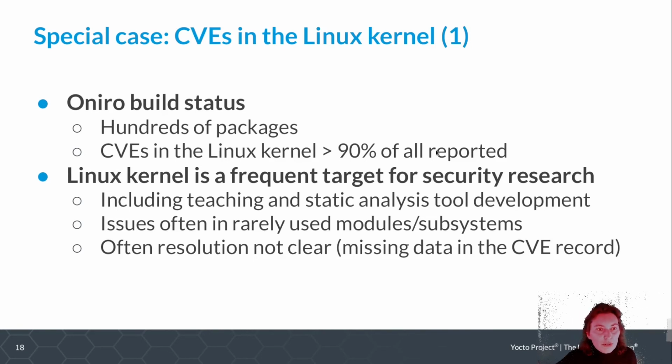To explain it shortly, the Linux kernel is a big piece of code, and it's also a frequent target for security research. That includes teaching, that includes developmental tools, and if you have been tracking news, that's exactly what happened in the case of the Minnesota University.